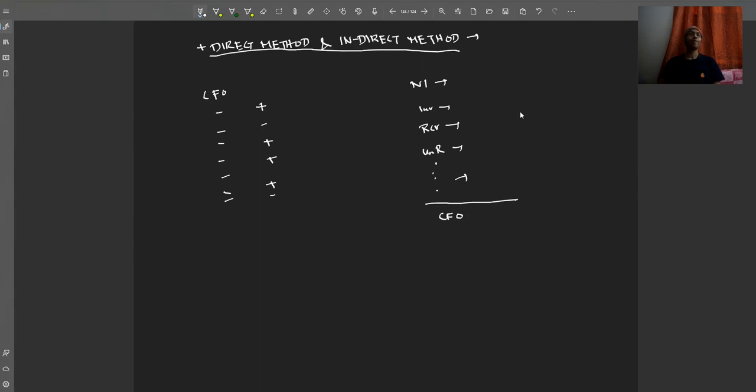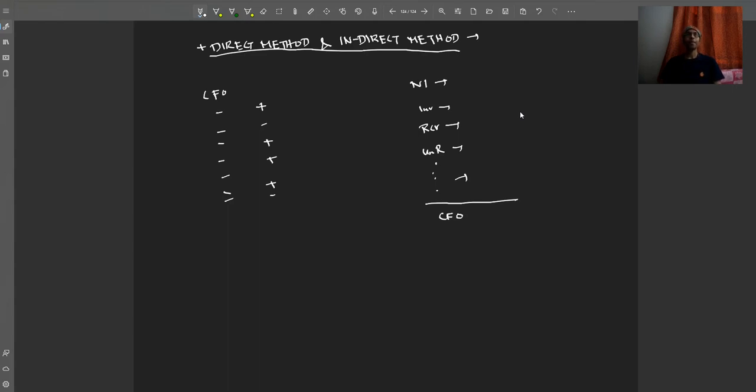So both have their advantages and disadvantages, friends. For example, the direct method is more useful or easier to understand and analyze for an analyst, because specific items, the source of them and the amount are mentioned in the sub-item list, right? They can make specific predictions and specific amounts are readily available.